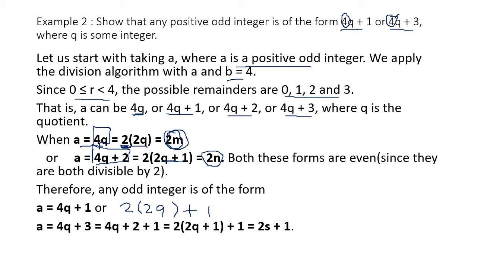Now I can change this number and call it whatever I want. I can call it say s. So this number has become 2s plus 1. Now remember, 2q plus 1 is which form? It is the form of an odd integer. So 2s plus 1 is also the form of an odd integer. So a number which is in the form 4q plus 1 can be written in the form 2s plus 1. So it's an odd number.